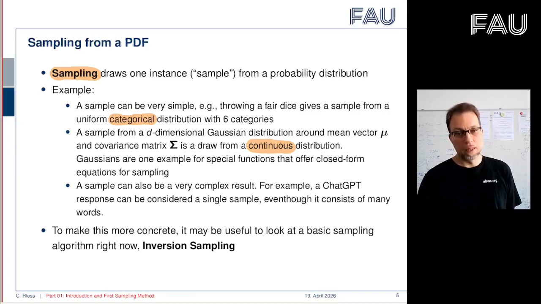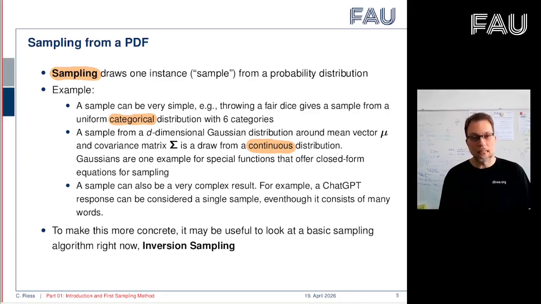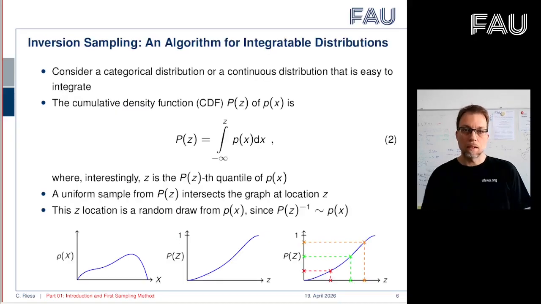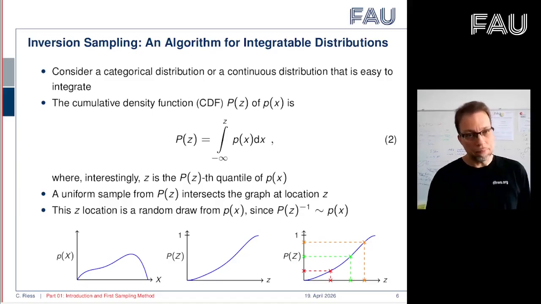Okay. But in any case, to make this concept of sampling a bit more concrete and how it can be done, let's have a look at a basic sampling algorithm to begin with, the so-called inversion sampling. So, here's an idea. First of all, it's only good for distributions that can be integrated. So consider a categorical distribution or a continuous distribution that is easy to integrate.